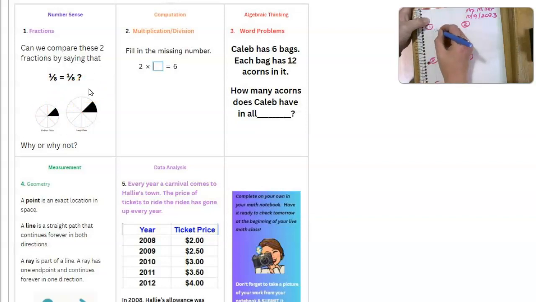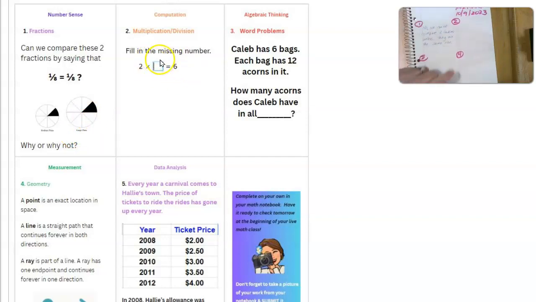The answer, no. We cannot compare two fractions unless they are the same size. And you can see a medium pizza, the slice for 1/8 would not be the same size as 1/8 of a pizza if you had a large pizza.